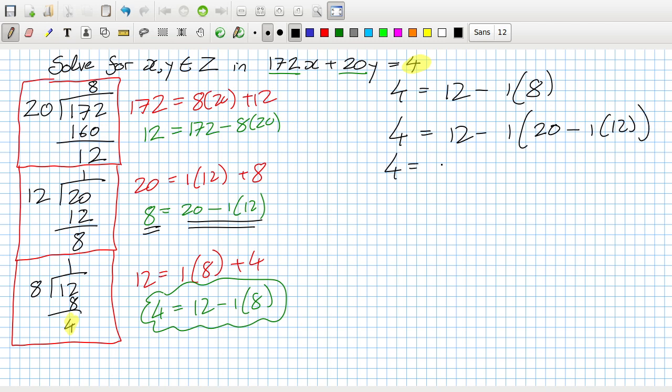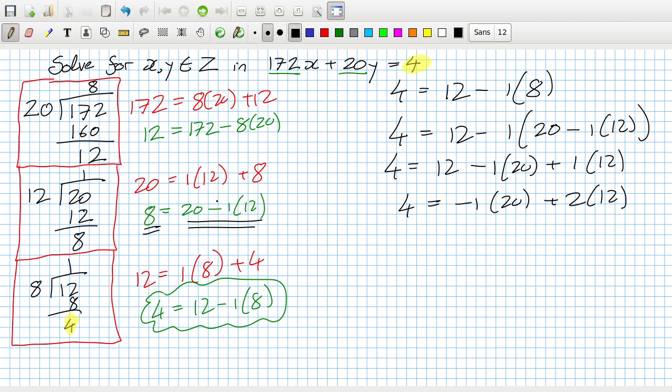So that's 4 equals 12 minus 1 times 20 plus 1 times 12. And notice that we have two 12s we can combine. So 4 equals minus 1 times 20 plus 2 times 12.